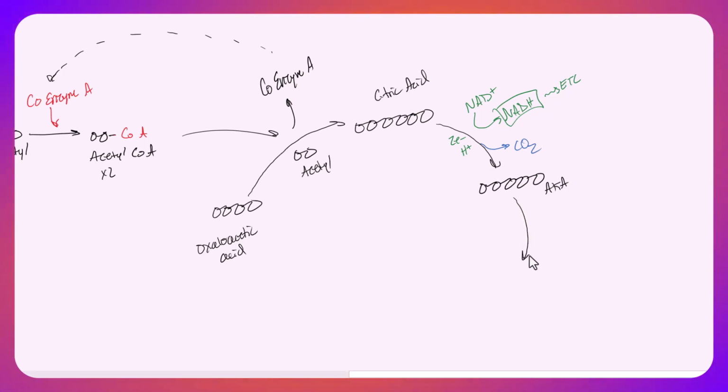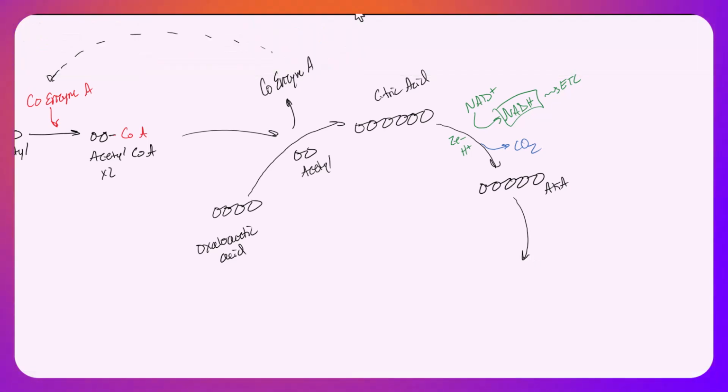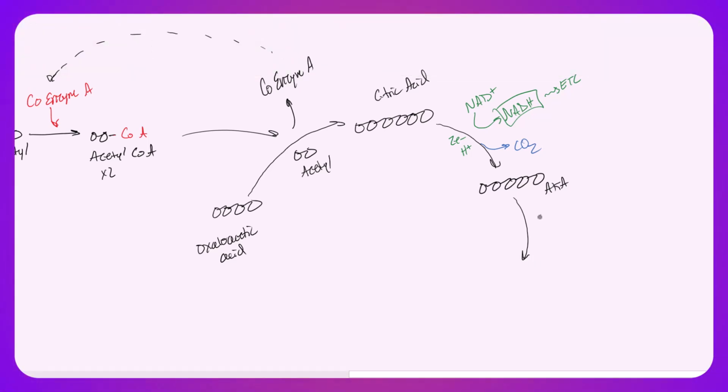Once we have our AKA produced, we're going to oxidatively decarboxylize it again, which means we bring in our oxidizer, NAD+. That is going to be converted into NADH. Again, off to the ETC. It's going to grab a pair of electrons and a hydrogen ion. Again, it's also going to cut a carbon off because this is a decarboxylation event.